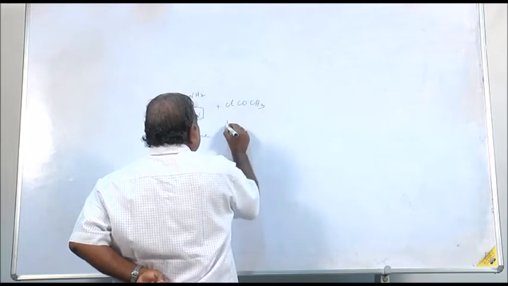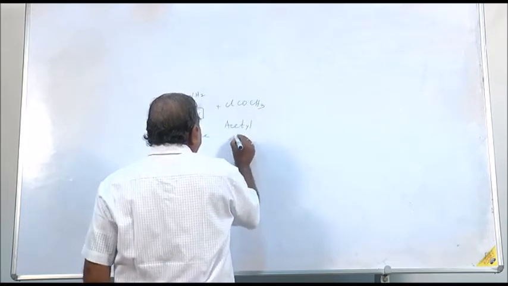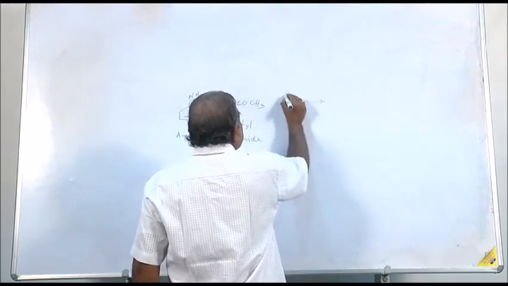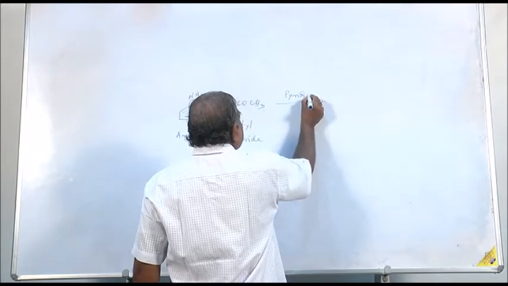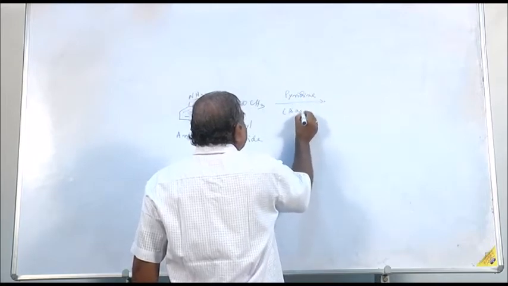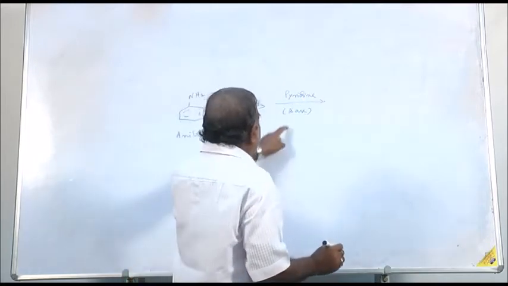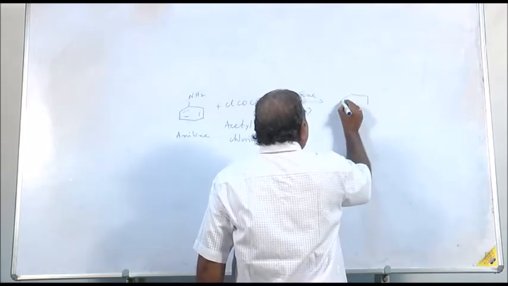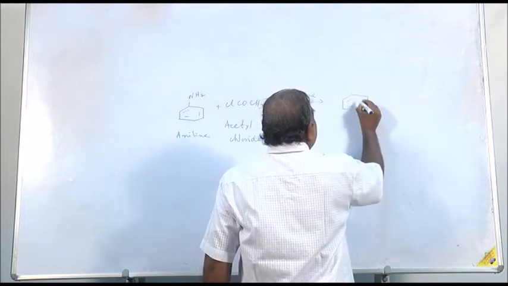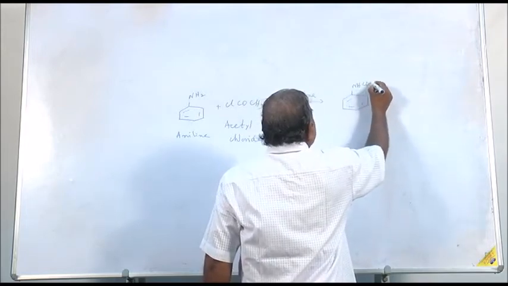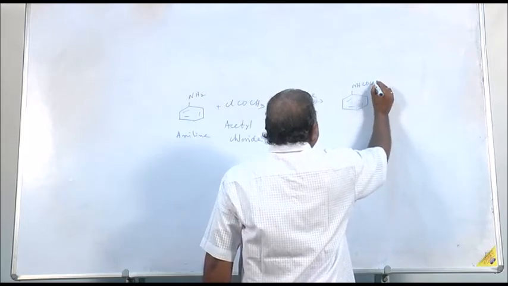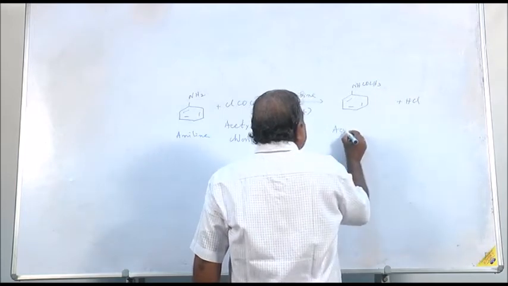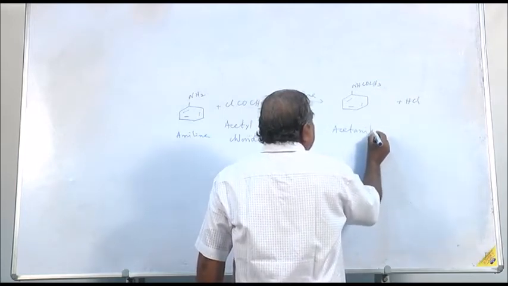This compound is your acetyl chloride. In presence of a base, pyridine, because there will be elimination of HCl, to neutralize it we use a base. When you are getting the product, the HCl will be produced, which will be neutralized by the base. This is your acetanilide.